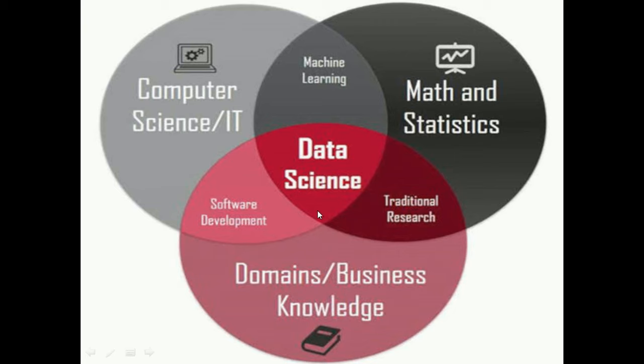In data science, you are going to apply it in a specific field or business sector, such as healthcare, education, government, agriculture, or e-commerce. That is known as business or domain knowledge. Mathematics and statistics and business or domain knowledge are combined to form traditional research. So all three are used in data science.